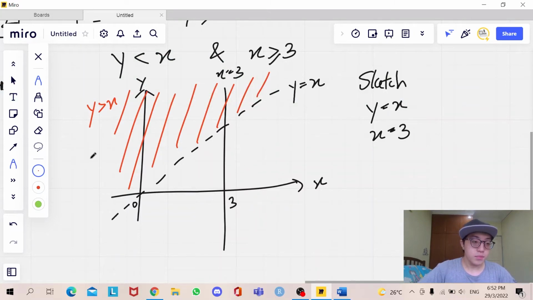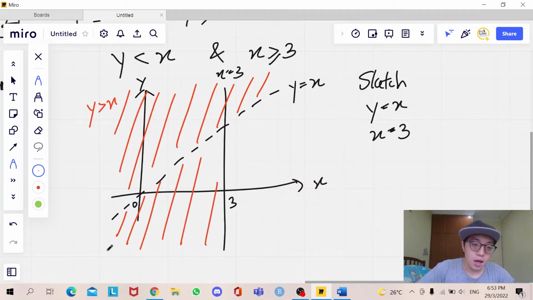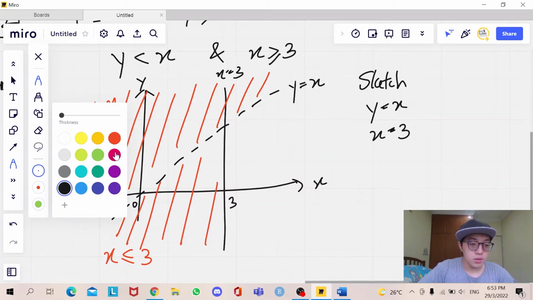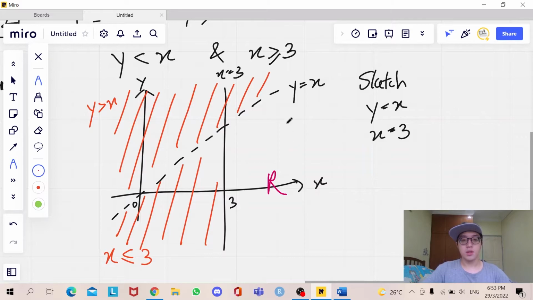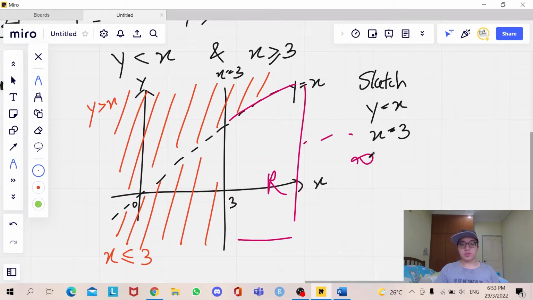And then for x larger or equals to 3, all the area here is x smaller than 3, so we shade it away. Therefore, the region R here is the region that we want. This is an example of a graphical method to graph out the inequalities.